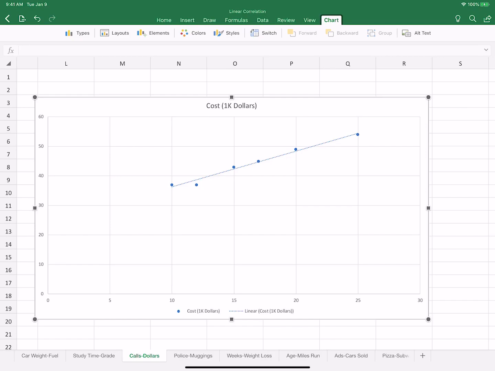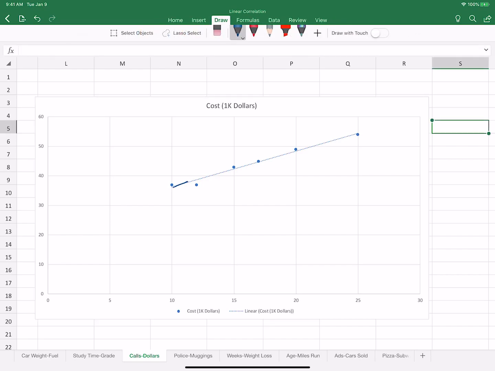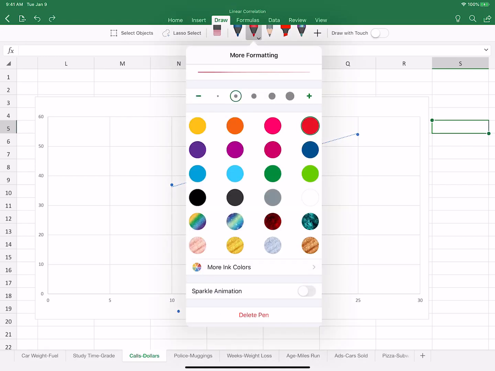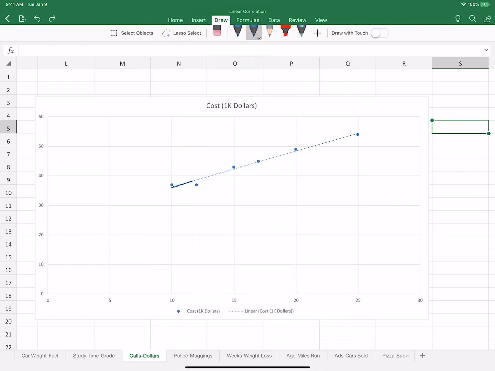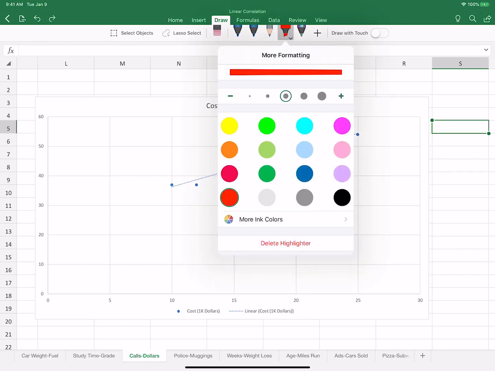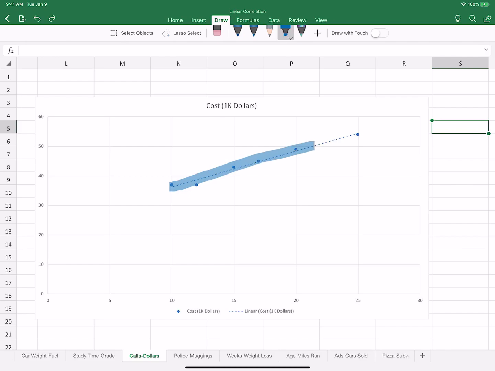So can you guys see this here? In case you guys can't see this, this is what I want to point out. Maybe you can see it a bit better.